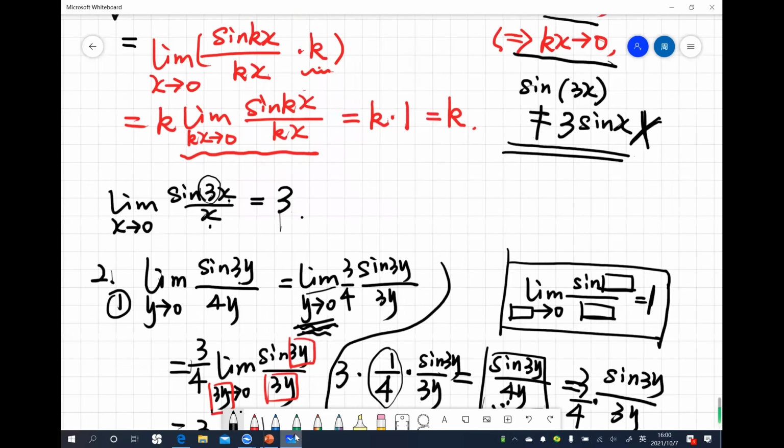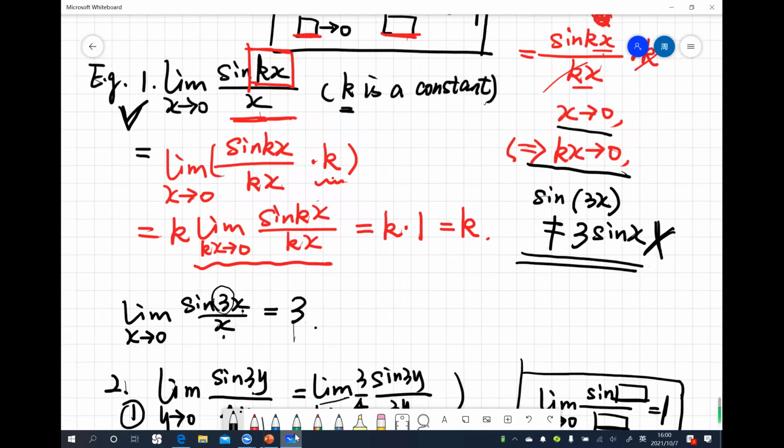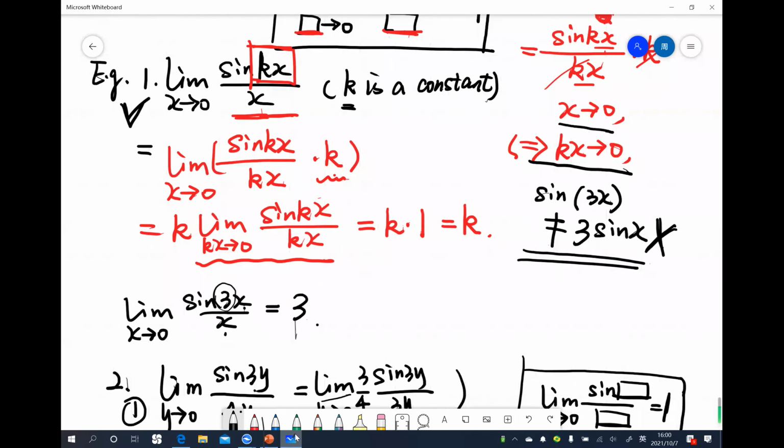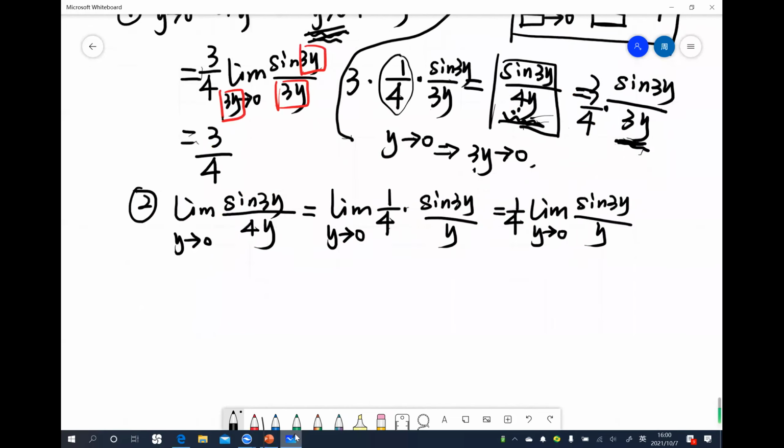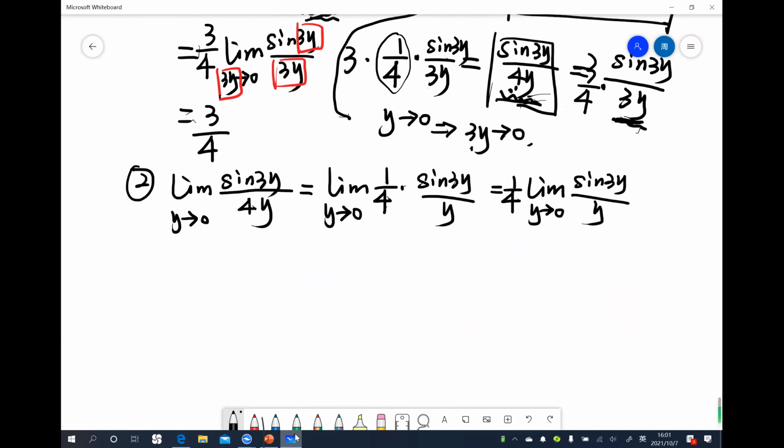We have learned that the limit of kx by x as x approaches 0 equals k. So here you can say sine 3y by y as y approaches 0 equals 3. So that equals 1 by 4 times 3, which equals 3 by 4.